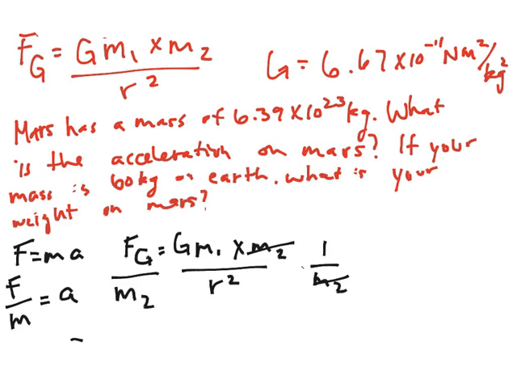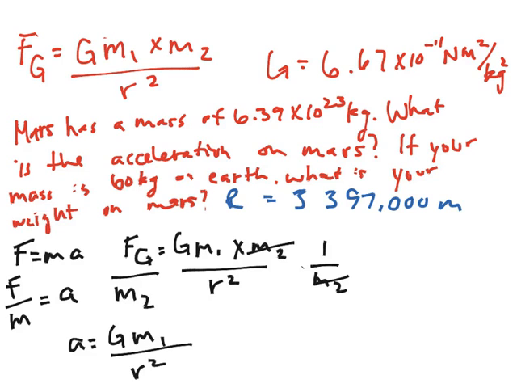So acceleration is equal to capital G times the mass 1, which should be Mars, divided by the radius on Mars. Hopefully at this point in the question you're like, wait, Mr. Coy, but we don't know the radius. You're right. The radius on Mars is 3,397,000 meters. That's the radius on Mars.